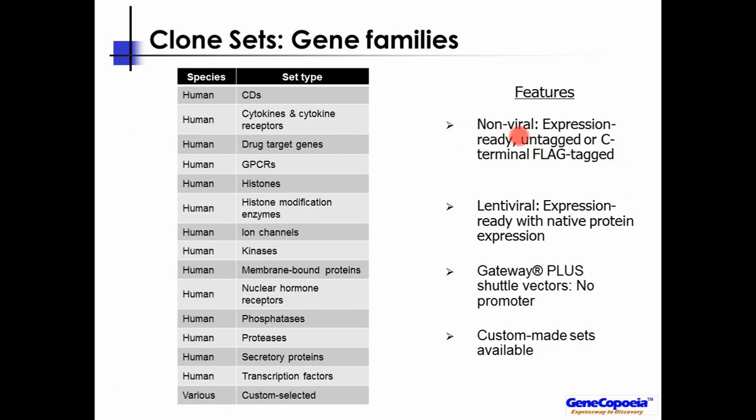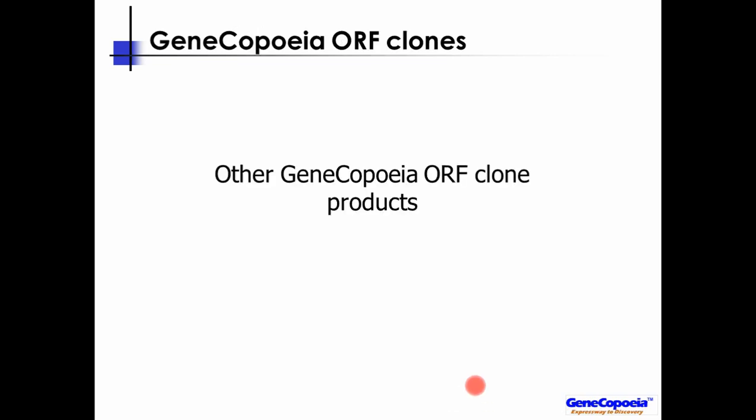They're either non-viral or lentiviral, and they come expression ready, as I mentioned before, either untagged or with C-terminal flag tags. The lentiviral expressions are native expression only. Some come as gateway plus shuttle vectors with no promoter, and we can even make custom sets for you.